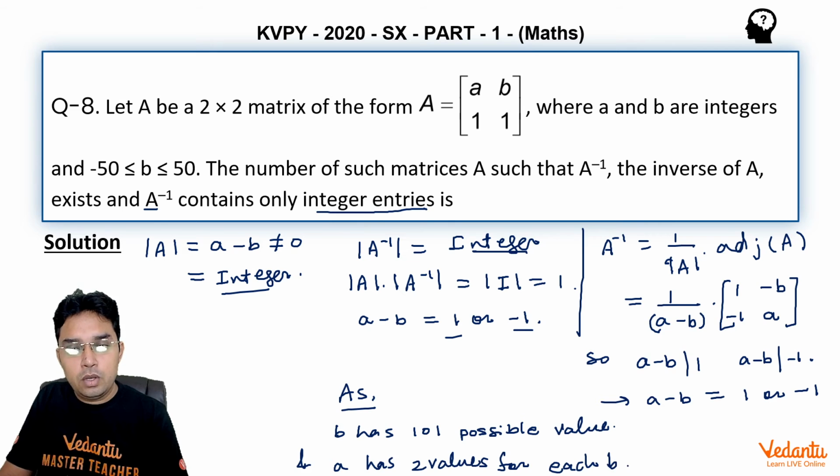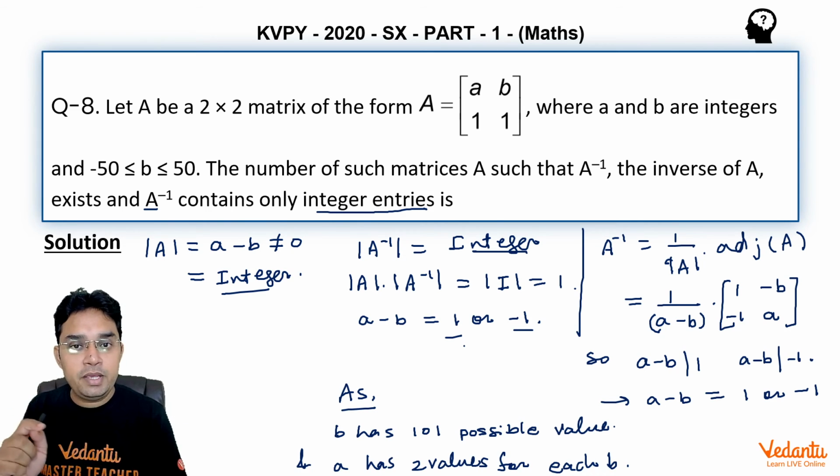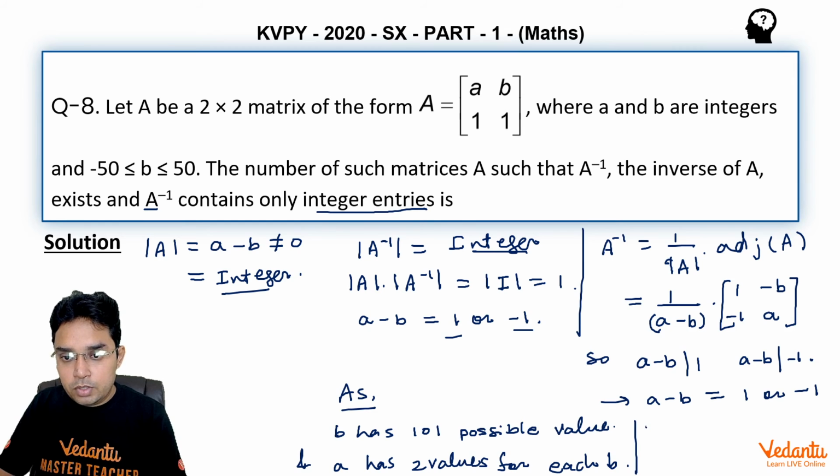Why am I saying so? Because a minus b can be either 1 or minus 1. So a will be either 1 more than b or 1 less than b. So the number of ordered pairs a, b will be 101 into 2, that is 202.